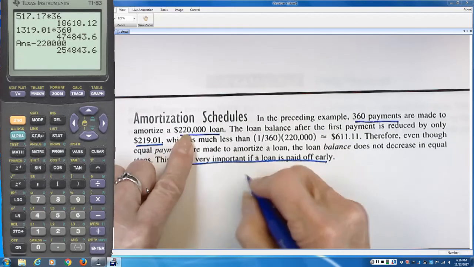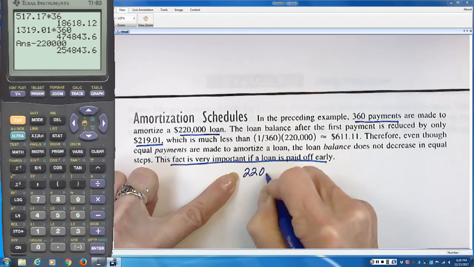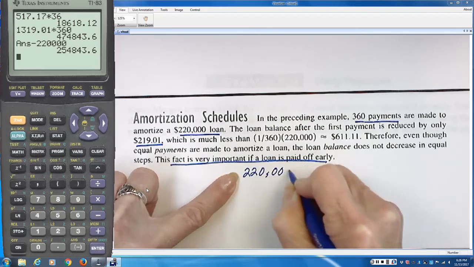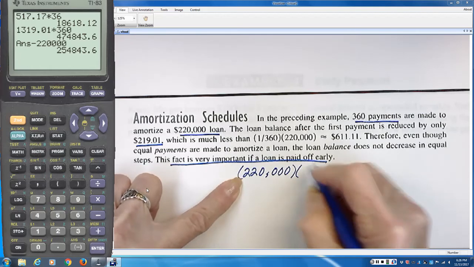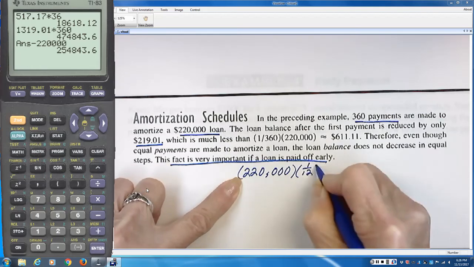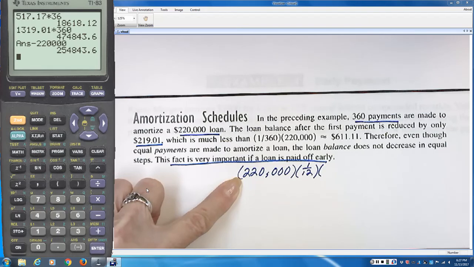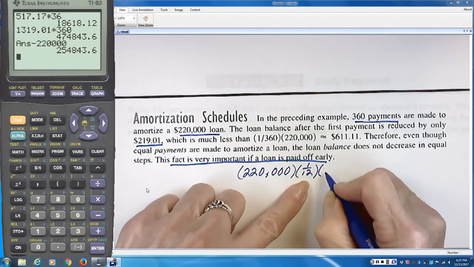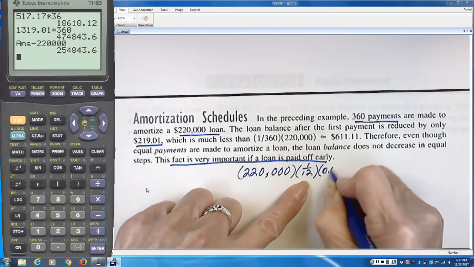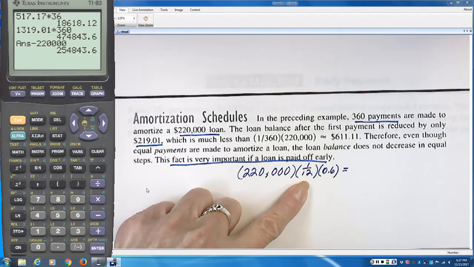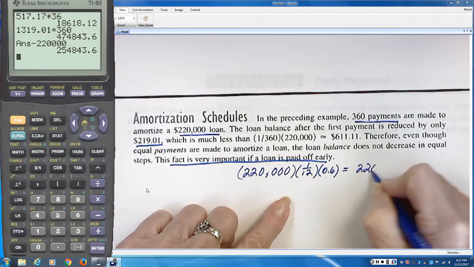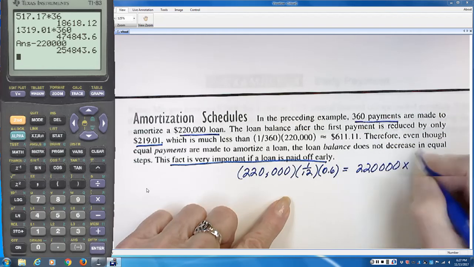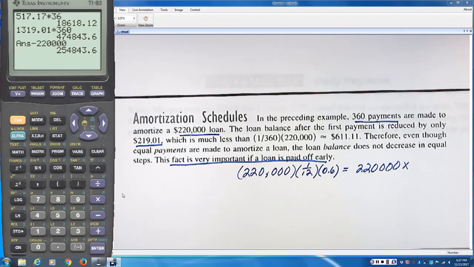Their initial loan value was $220,000, and the interest on that one payment for 1 month, remember it's simple interest for 1 month, is 1/12 times the total interest rate, and that should be $220,000 times 0.06 over 12.